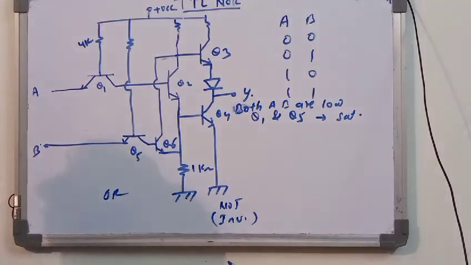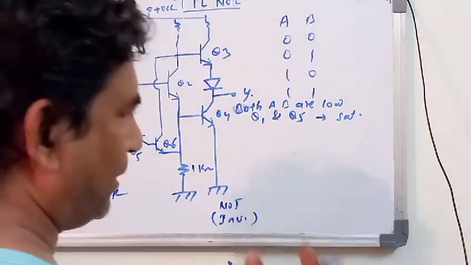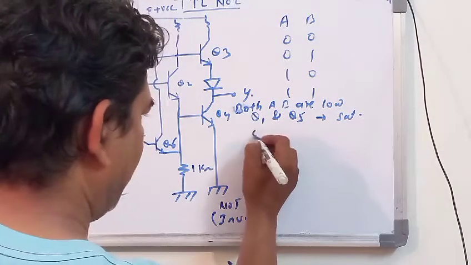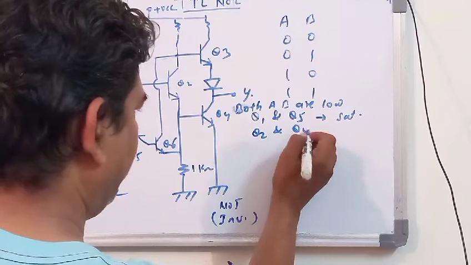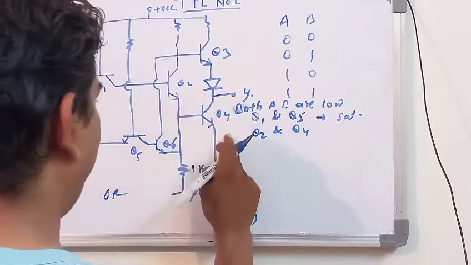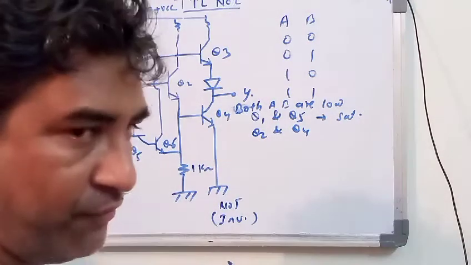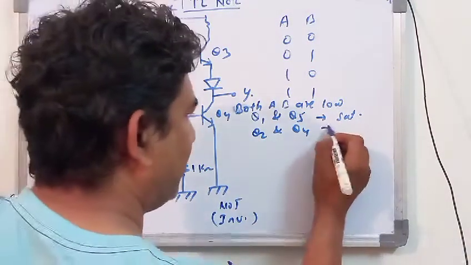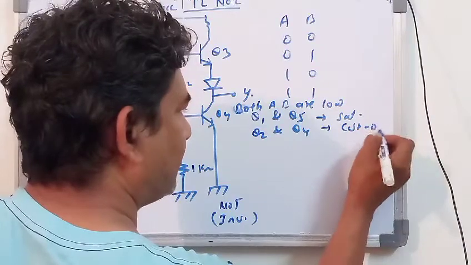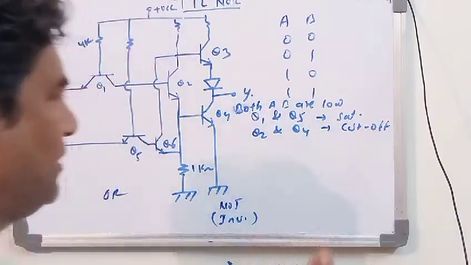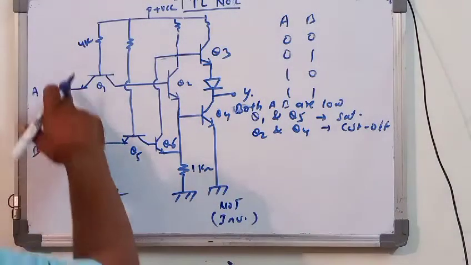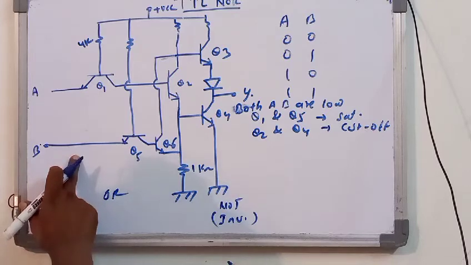Okay, the Q2 and Q4 at this particular time, this Q2 and Q4 will go in a cutoff state. Okay, students, will go in a cutoff state. This is the first condition which is going to be applied to this particular circuit.